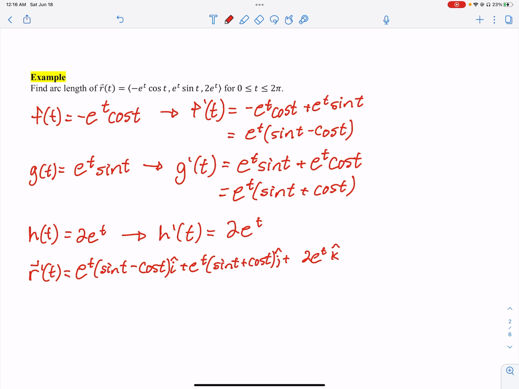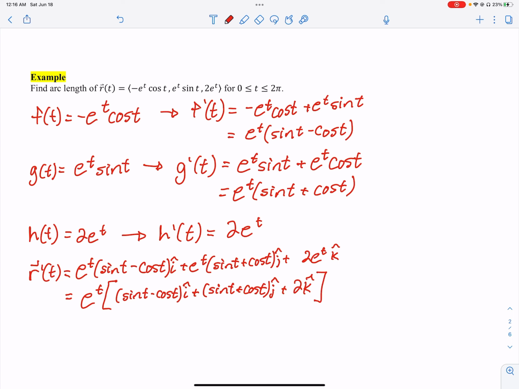All right, we're going to have to take a magnitude of this, so I'm going to rewrite this so you can see this. I'm going to take an e to the t out. So this is now sine t minus cosine t i plus sine t plus cosine t j plus 2k.